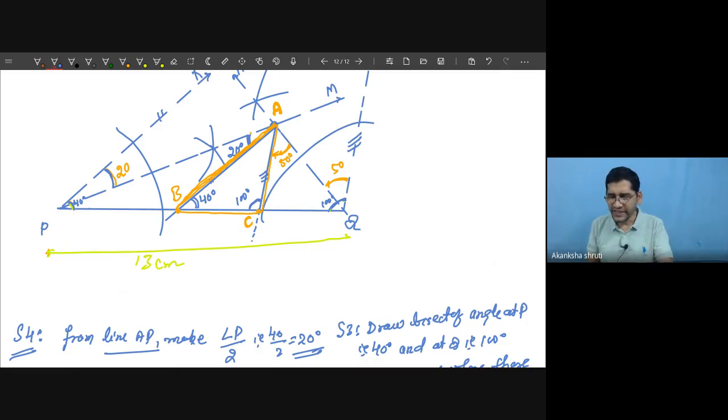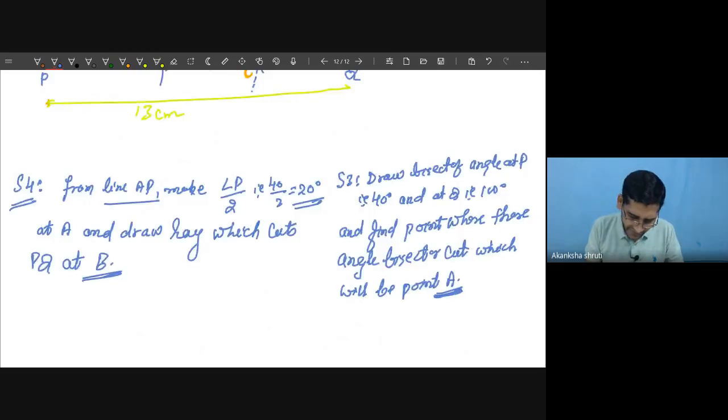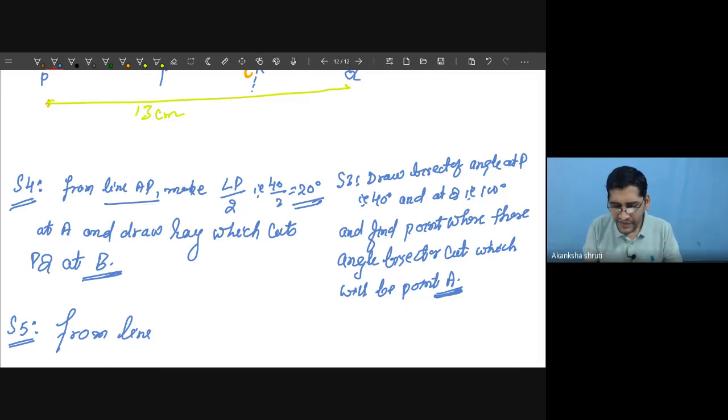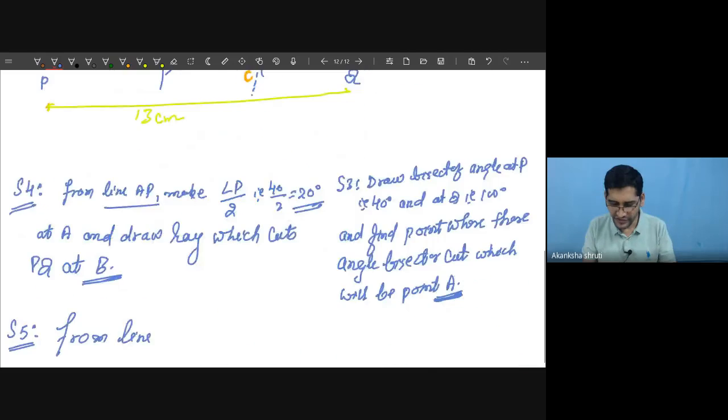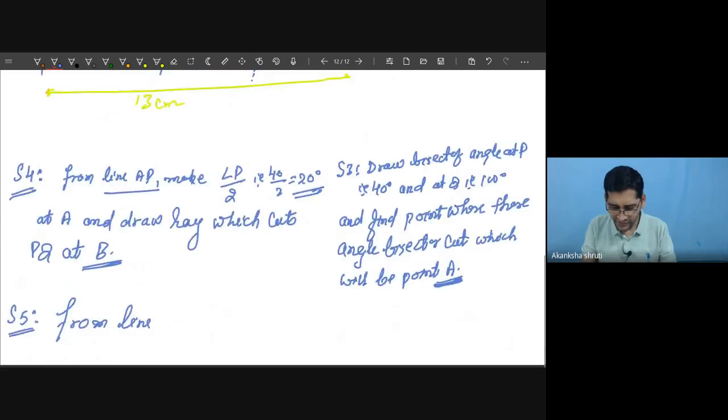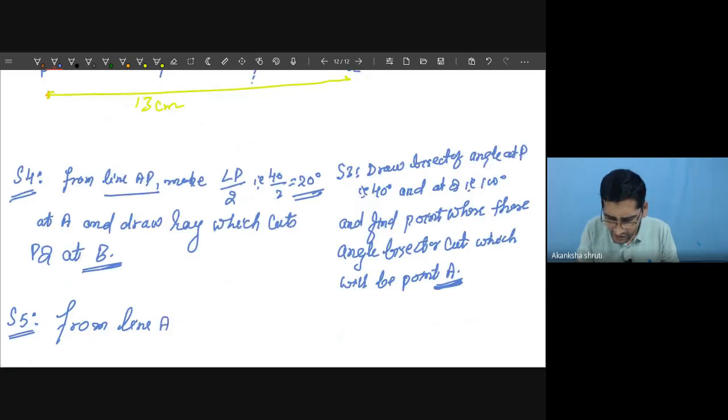Getting? Now the next step is for the C. Step number 5. The same thing. From line AQ, which is the angle bisector of angle Q, make angle Q by 2, which is equal to 100 by 2, equals 50 degree.